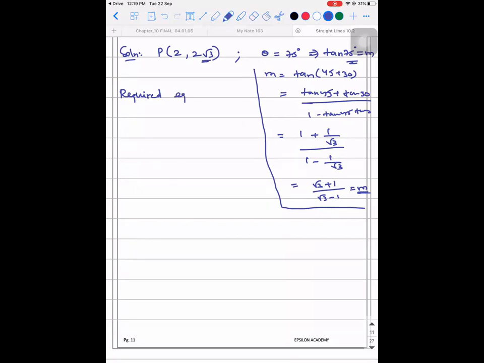The required equation will be what? y minus y1, y minus 2 root 3 is equal to m, root 3 plus 1 by root 3 minus 1, into x minus x1. So when you multiply this on both the sides, you will have root 3y minus 6 minus y plus 2 root 3 is equal to root 3x minus 2 root 3 plus x minus 2.